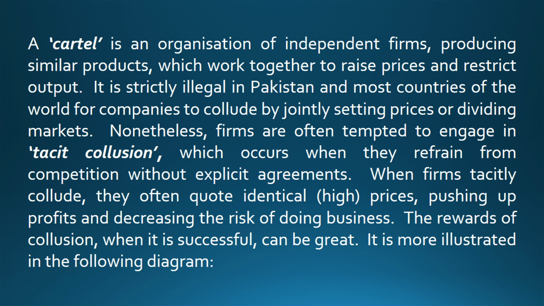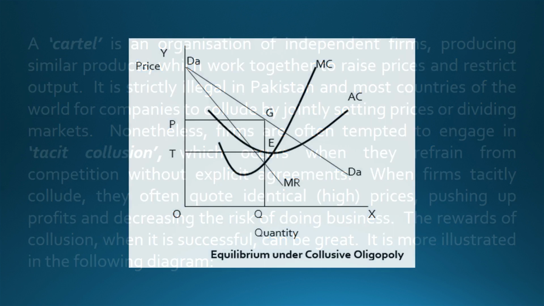Nonetheless, firms are often tempted to engage in tacit collusion, which occurs when they refrain from competition without explicit agreements. When firms tacitly collude, they often quote identical high prices, pushing up profits and decreasing the risk of doing business. The rewards of collusion, when it is successful, can be great. It is more illustrated in the following diagram.